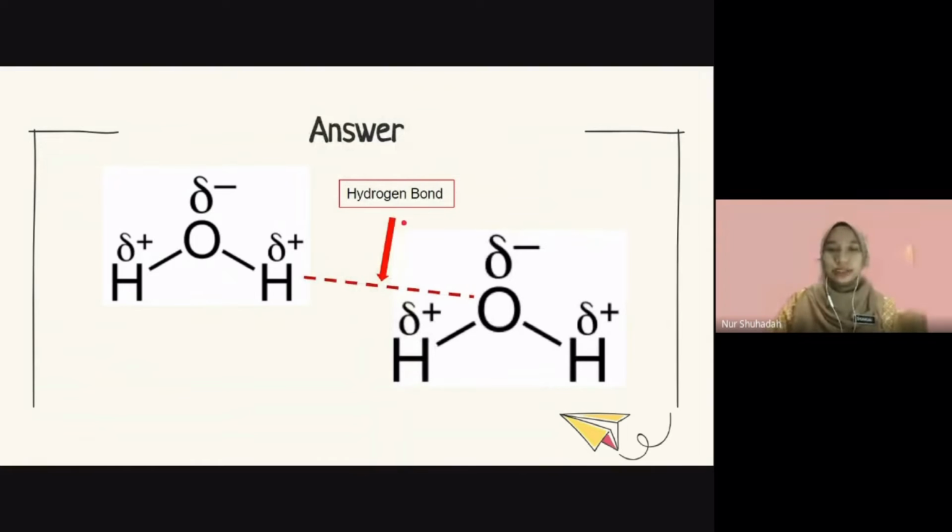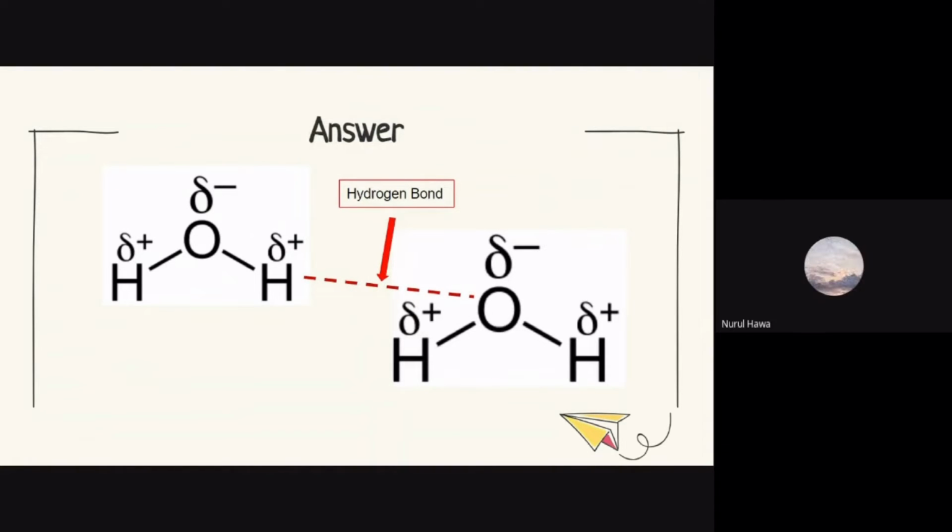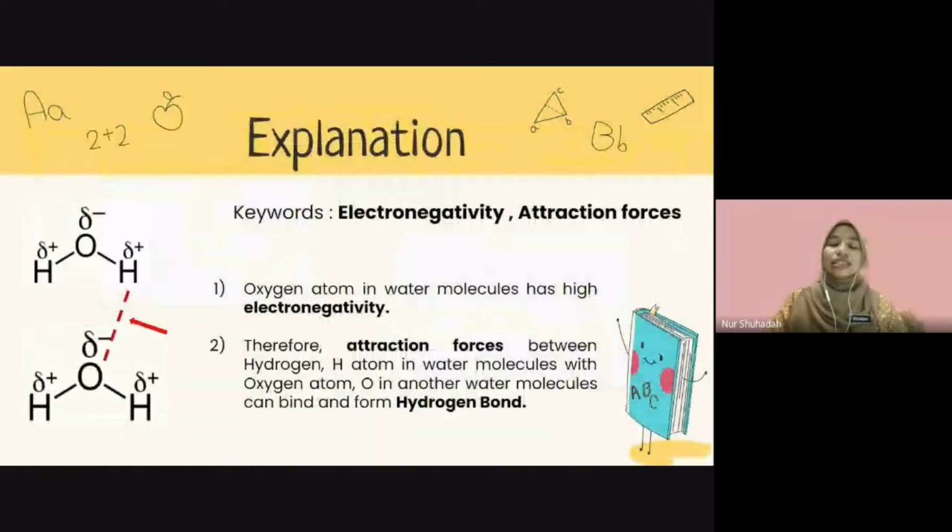Yes, like this. Do you understand, class? Yes, teacher. Okay, here is the explanation. If we want to explain, we must remember the keywords electronegativity and attraction forces. For this water molecule, the oxygen atom has high electronegativity.